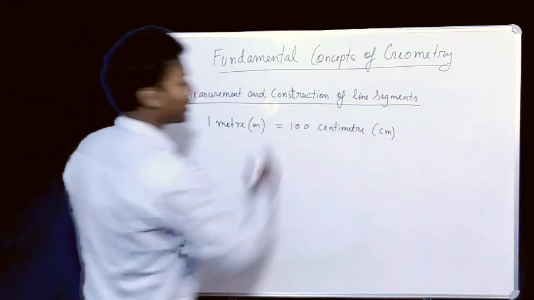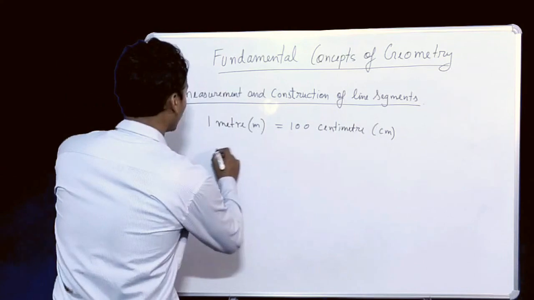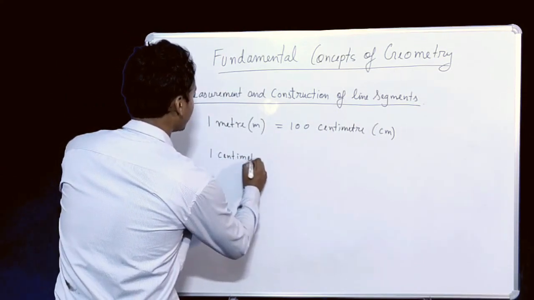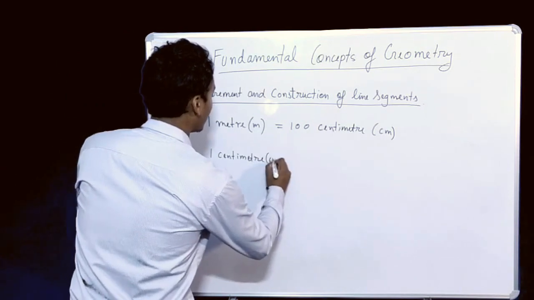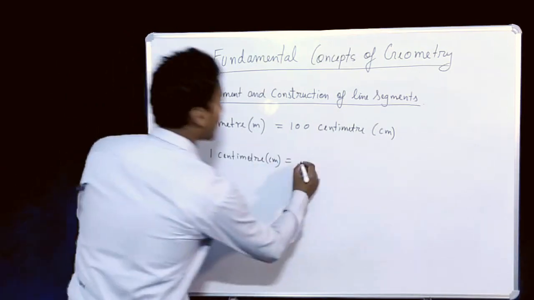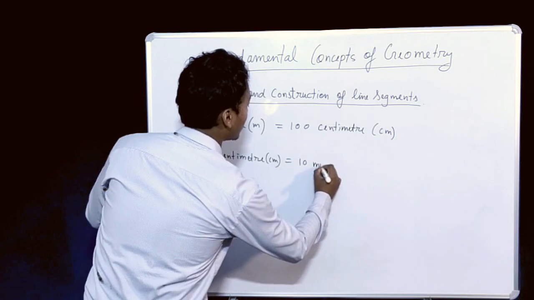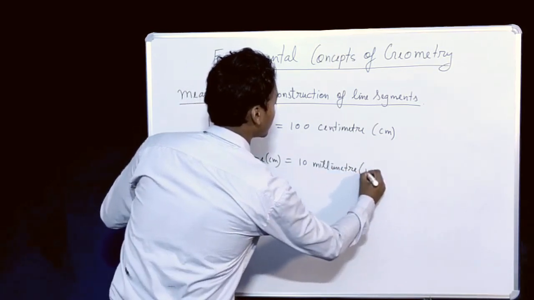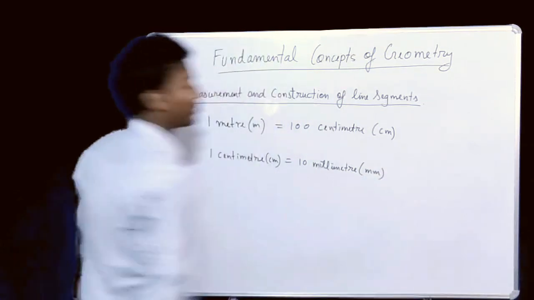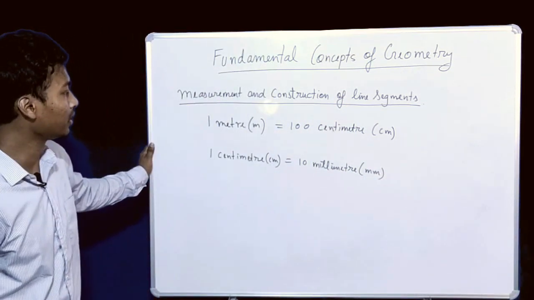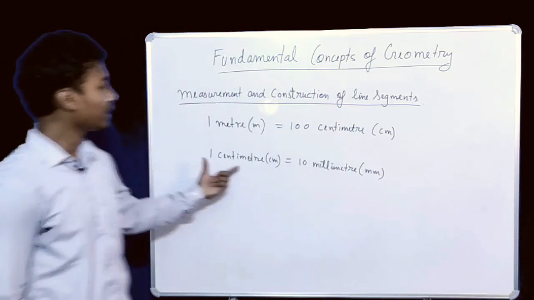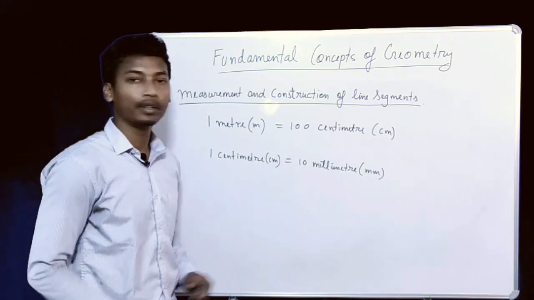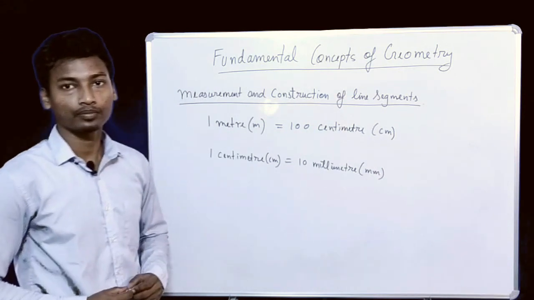Each centimeter is further divided into 10 millimeters. So 1 centimeter can be written as 10 millimeters, or mm for millimeter. Each centimeter has been divided further into 10 parts called millimeters.